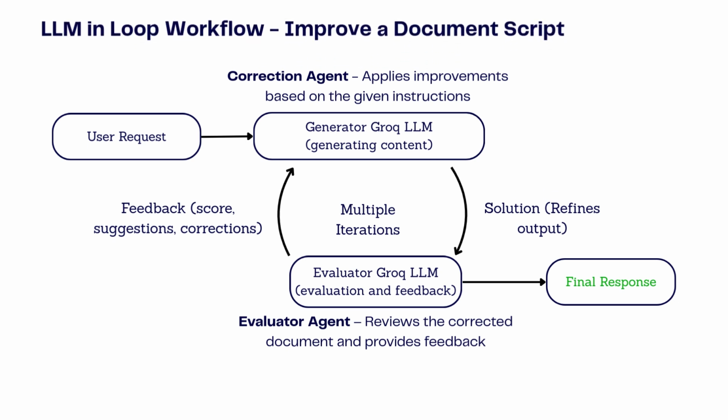We've successfully built an LLM in a loop workflow that iteratively improves a document step by step. We saw how the correction agent and evaluation agent work together, using feedback to refine the script until we get a corrected final version. If you try this out yourself, you'll notice how each step adds value, improving grammar, clarity, and overall quality. I hope you found this helpful and inspiring for your own projects with LLMs.